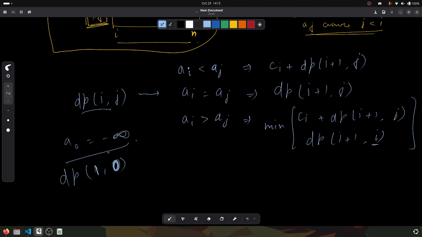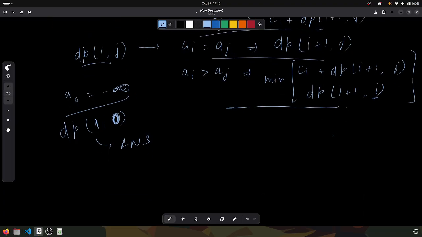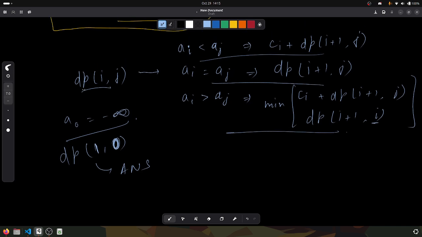So this is the answer, and we can use these transitions to find it using the subproblems. For each state there are a maximum of 2 transitions and there are a total of n square states. So overall the time complexity of this dp would be 2n square. That will be the solution for this problem.